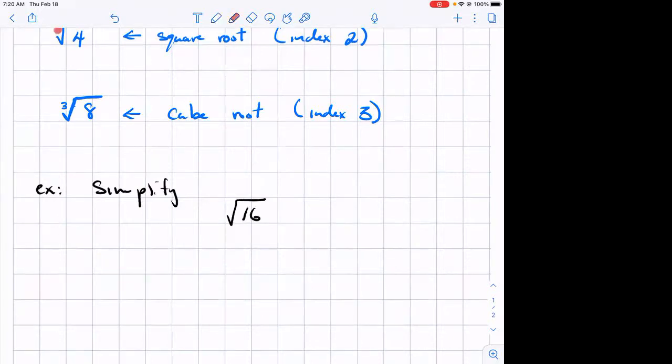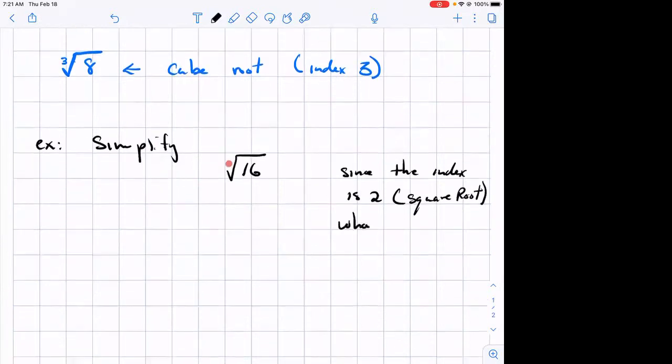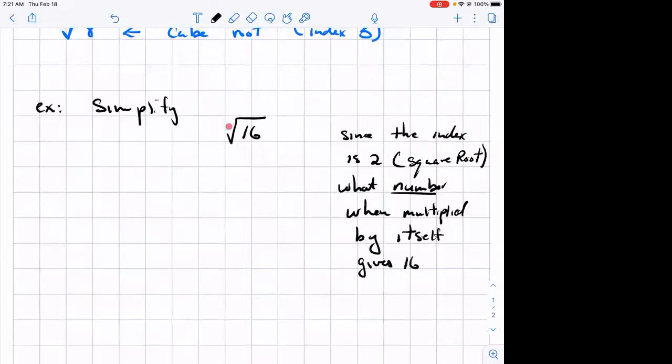Because the index here is 2, hence the word square root, what single number, when multiplied by itself, gives 16?